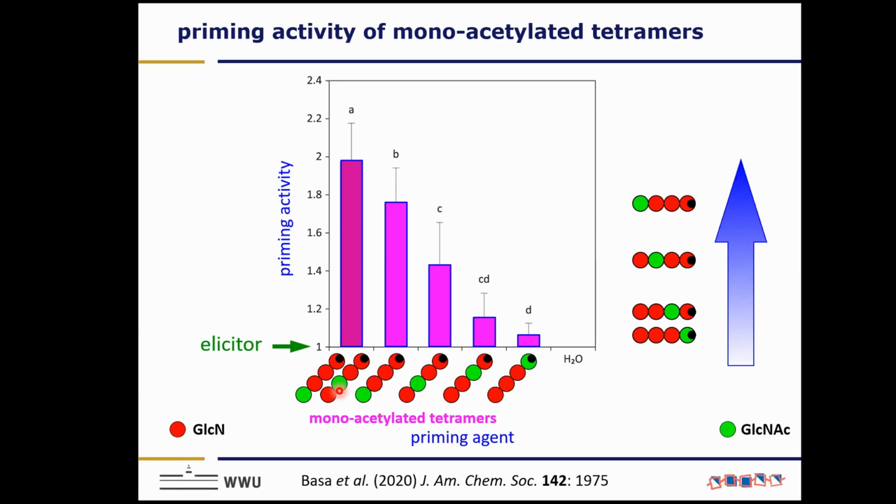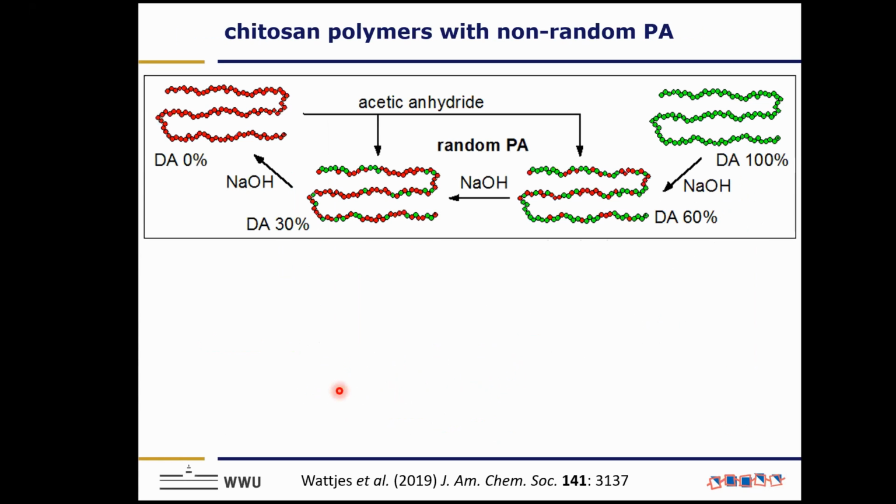But of course, the real challenge is to try and generate chitosan polymers with non-random patterns of acetylation. And the problem here is that when we use these enzymes on chitin, on fully acetylated crystalline chitin, they are almost inactive. So it is not really possible to use chitin deacetylases to generate chitosans from chitin.